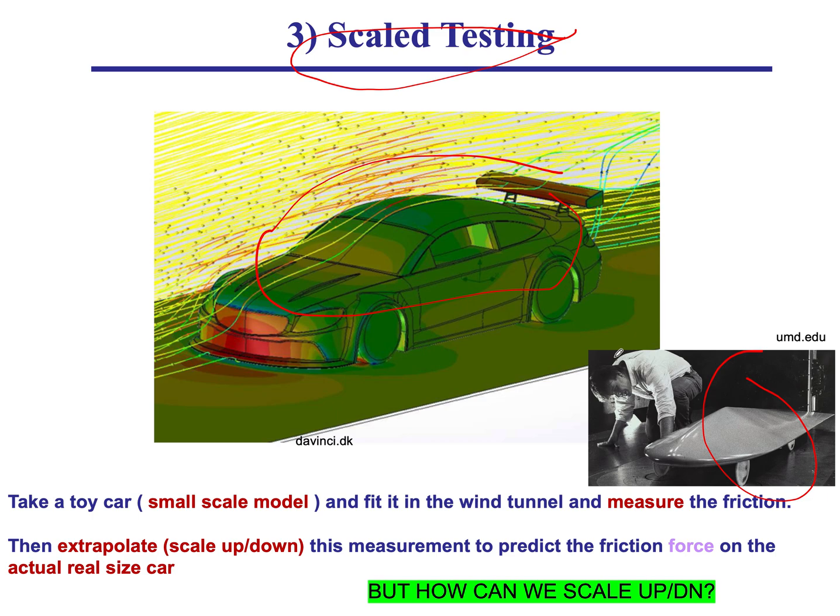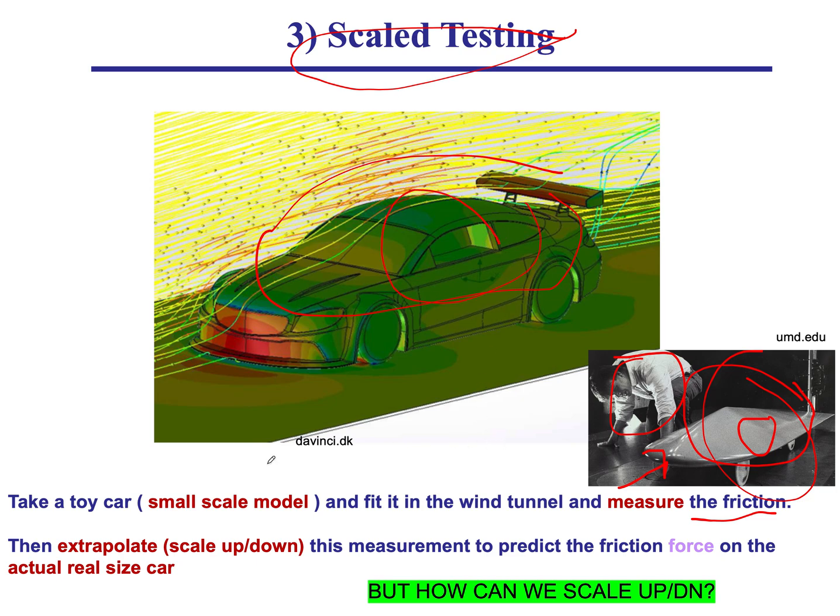It's not a real car relative to the size of the person. You would subject it to a wind speed, and then in the wind tunnel you would be able to measure some friction on this car. My question to you is, do you expect that the force you evaluate in the wind tunnel on this toy car will be smaller, larger, or the same as for the large car?